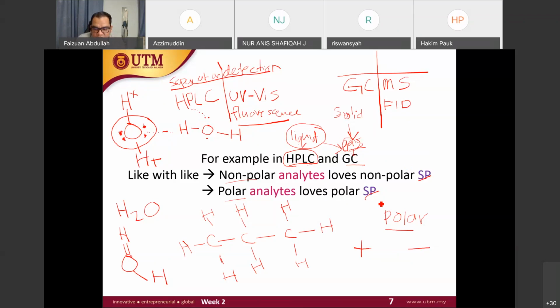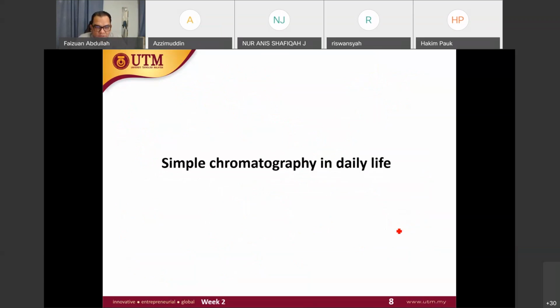So water is the most polar thing, right? But we have also another example of polar molecules that I draw here. We have a lot of space here.